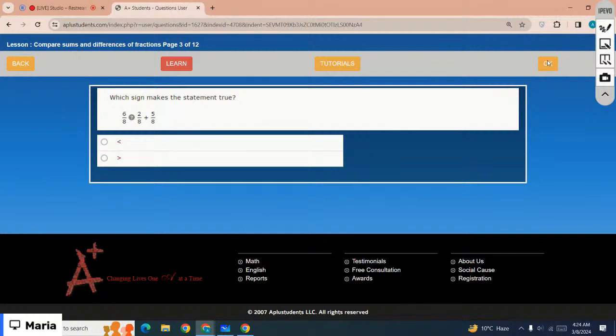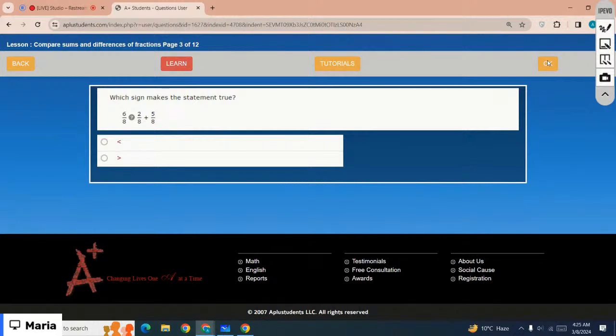Which sign makes the statement true? Which is the correct option? 6 over 8 is less than 7 over 8.